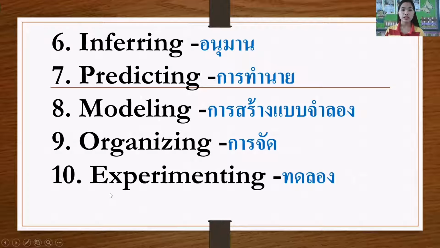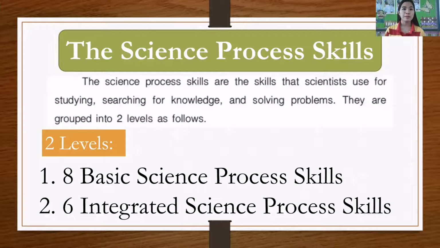And number 10, experimenting. So these are the 10 vocabularies. Let's proceed to our topic, which is the science process skills. What do we mean by science process skills?